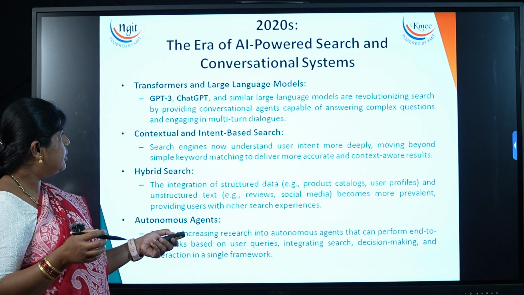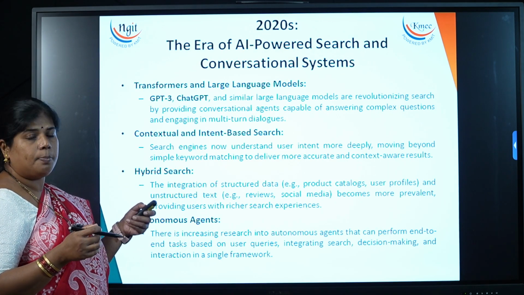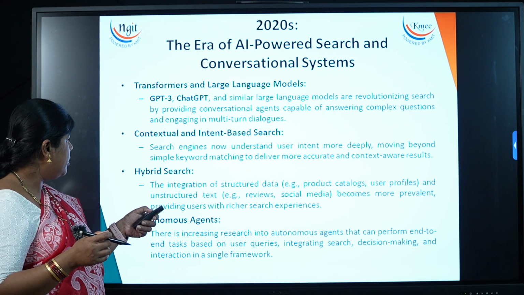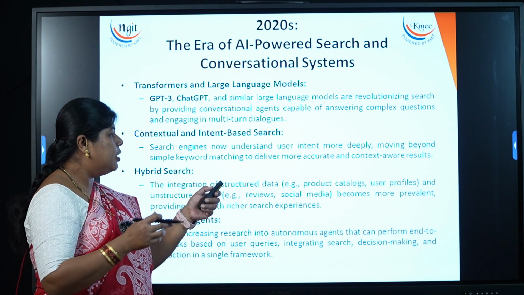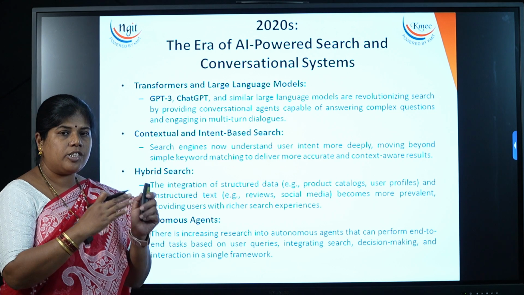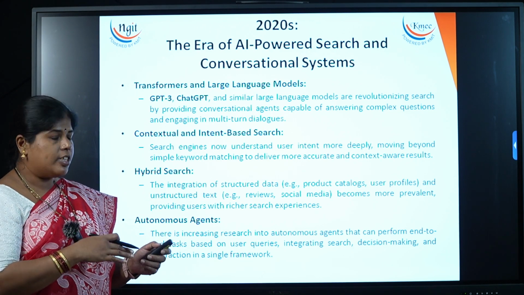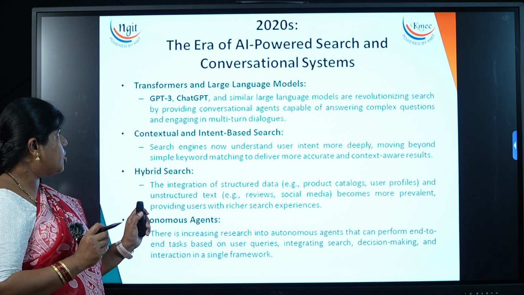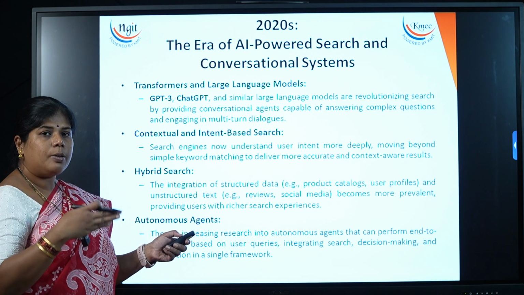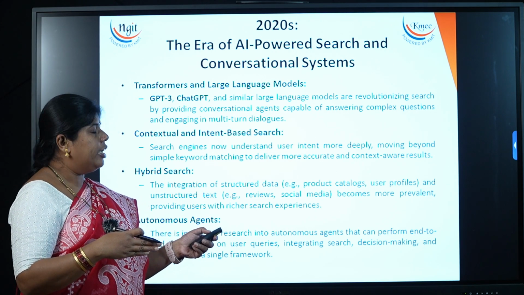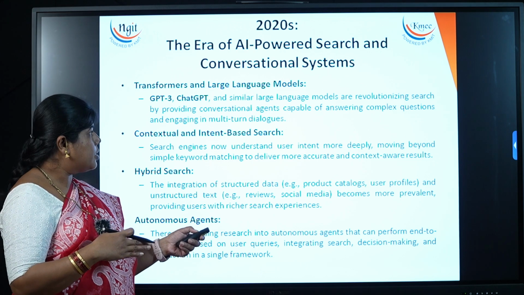And then the current era is the ChatGPT era, where we are doing hybrid search, means normal text search as well as multimodal search, voice based search, internet based search. So these are all the progressions that took place in the information retrieval process.